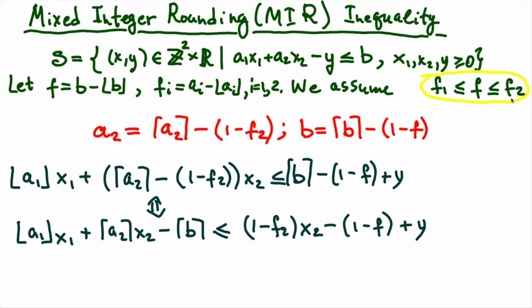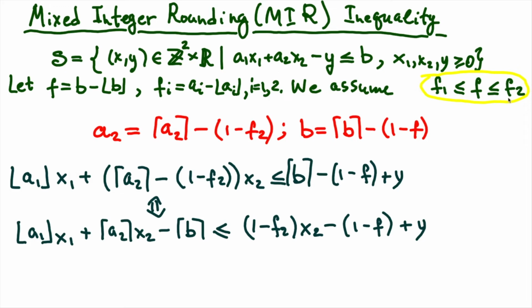So the fractional part of the right hand side is sandwiched between the fractional parts of the first coefficient and the second coefficient. The motivation behind the mixed integer rounding inequality is that we don't want to round down the coefficients for the variables that have a large fractional part.